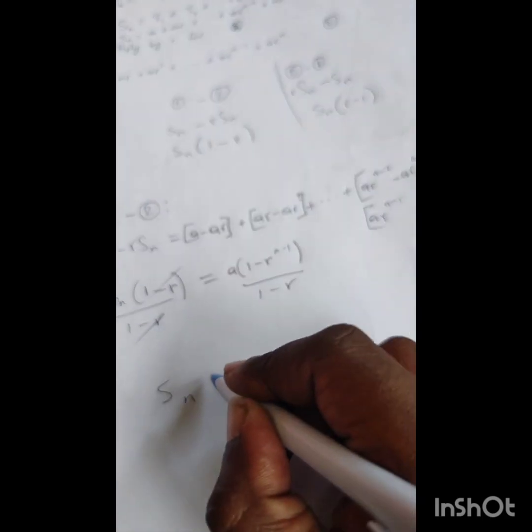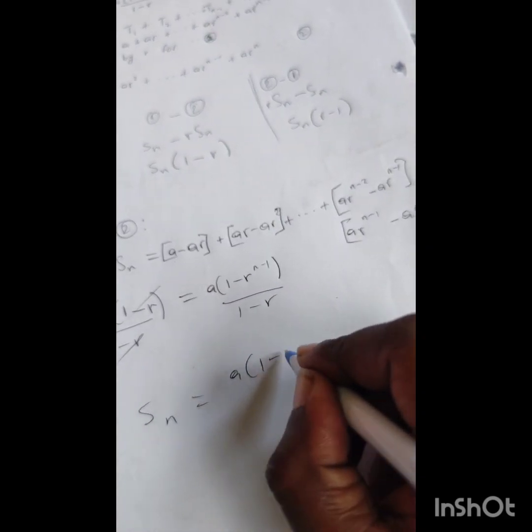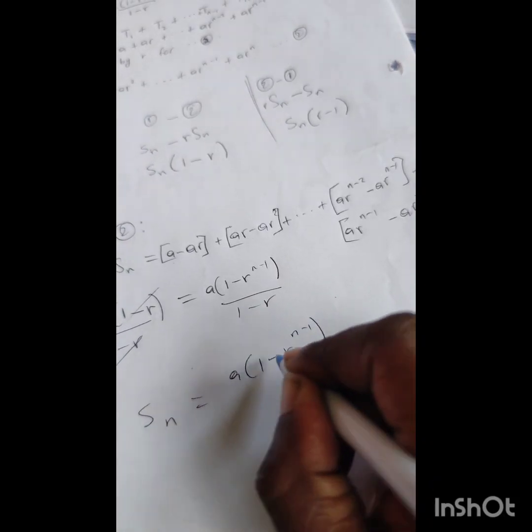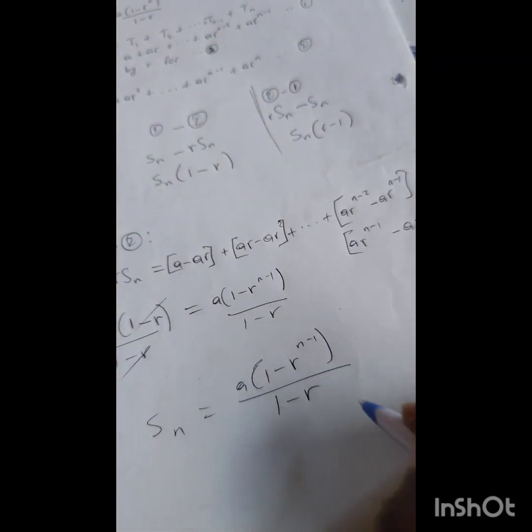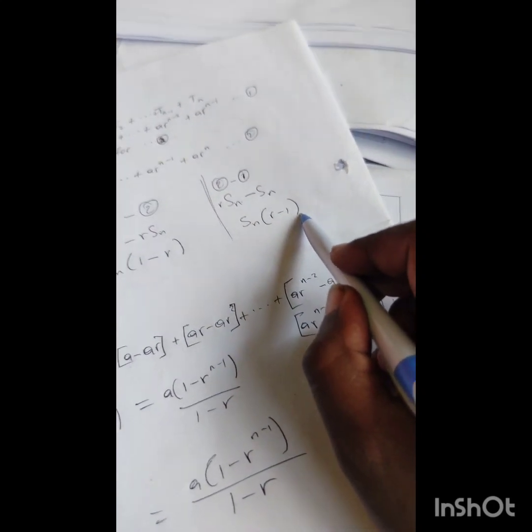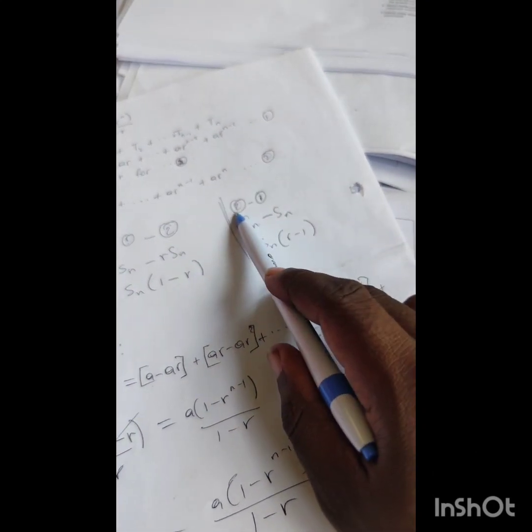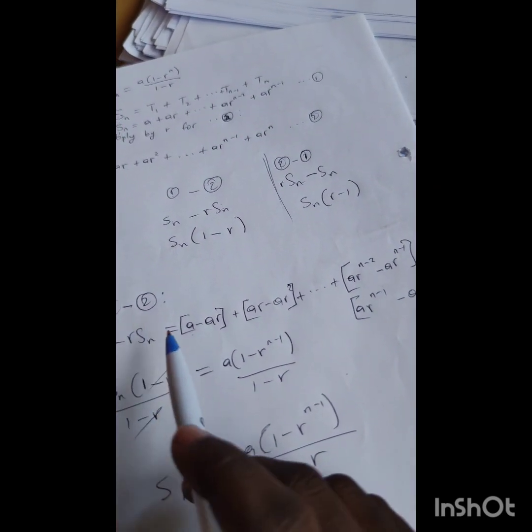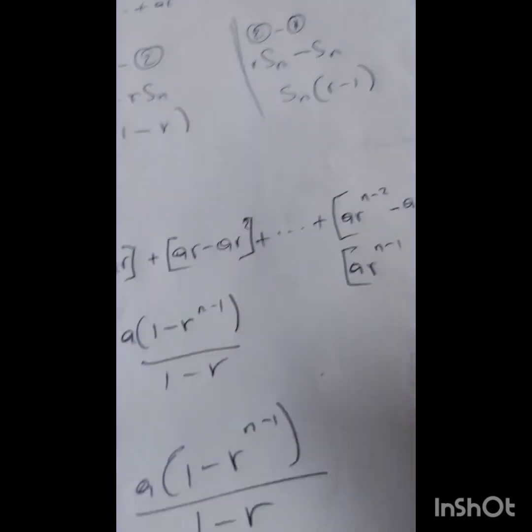Then you have proven that Sn equals A into 1 minus R to the power n, all over 1 minus R. So remember, if you wanted this one where we are having R minus 1 instead of 1 minus R, simply swap the equations. You subtract Sn from RSn instead of RSn from Sn first. Okay, thank you.